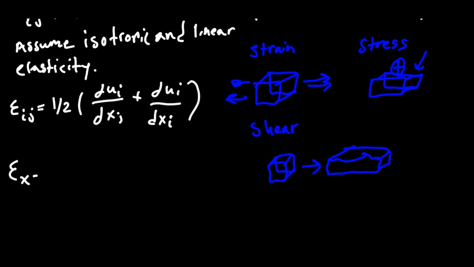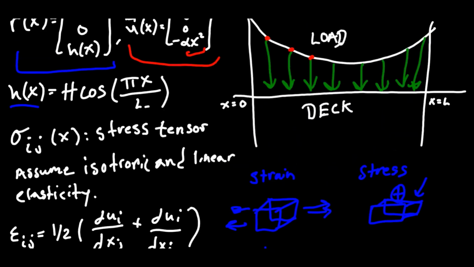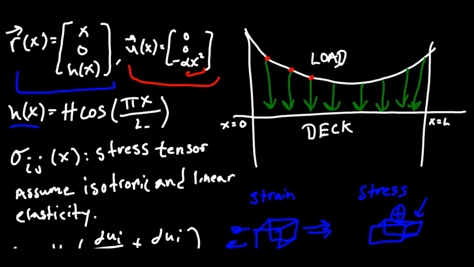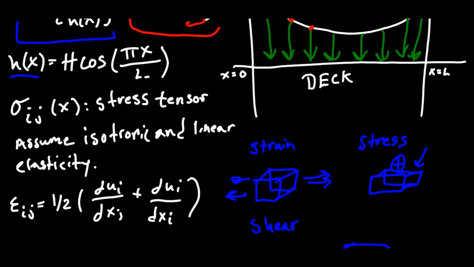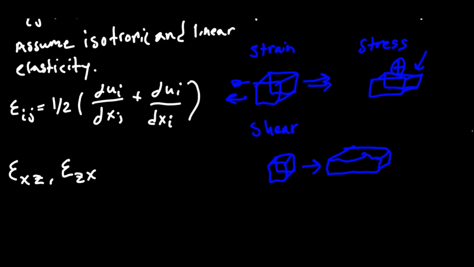Let's write that a little more clearly. xz and zx, because the order obviously does not matter. So in this case, because our bridge exists only on the z and x axes, there's only going to be a certain z and a certain x, and there's not going to be any y movement. So that's how we figured that out.